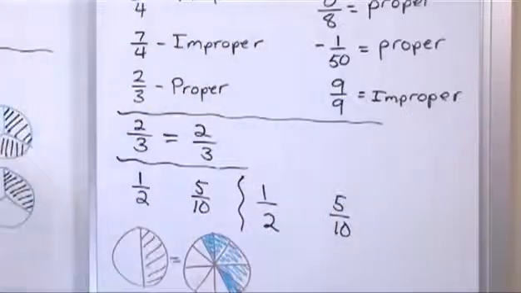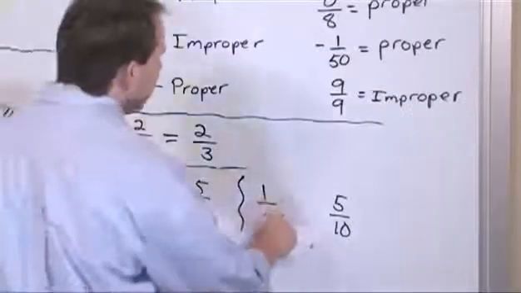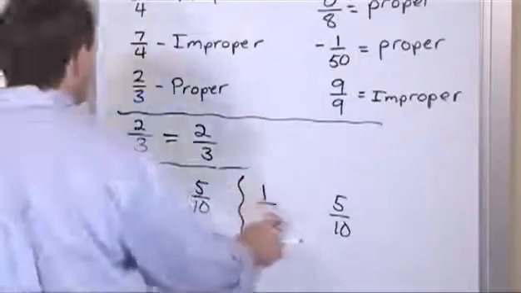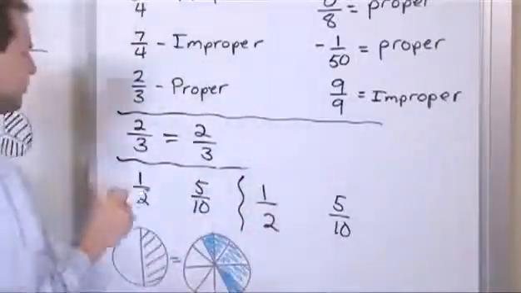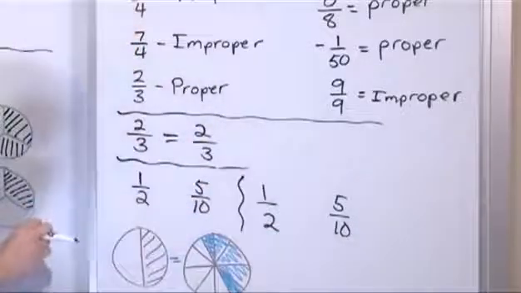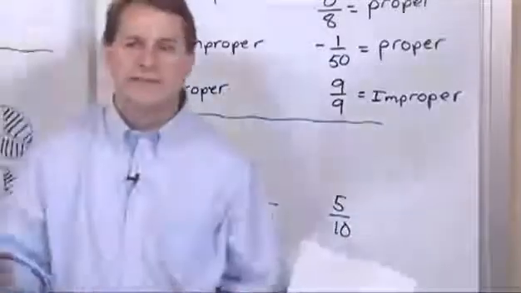The number one rule of fractions, okay, is I can multiply or divide any number I want into this fraction as long as I do it the same to the top and the bottom of the fraction at the same time. You know, you got to think of fractions as a seesaw.